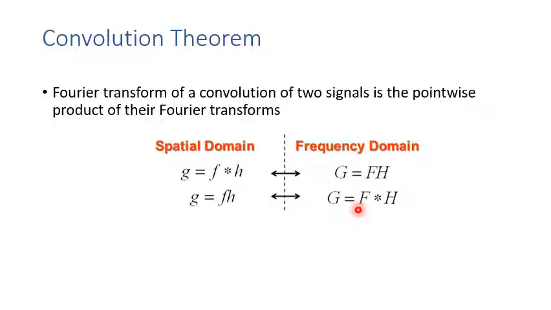The convolution of signals in the frequency domain after Fourier transform will be the product of the signals in the spatial domain.